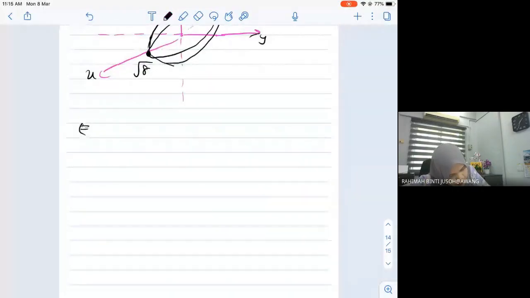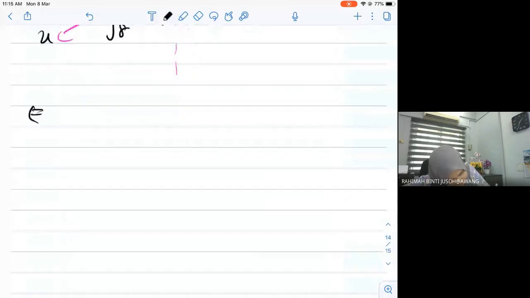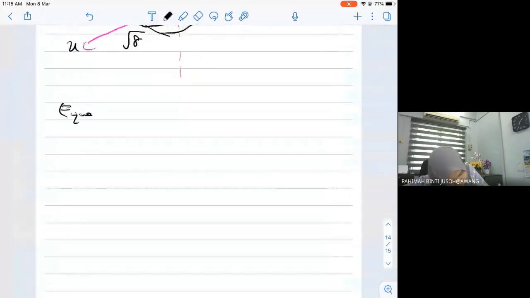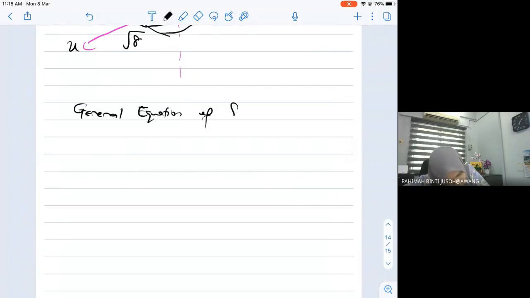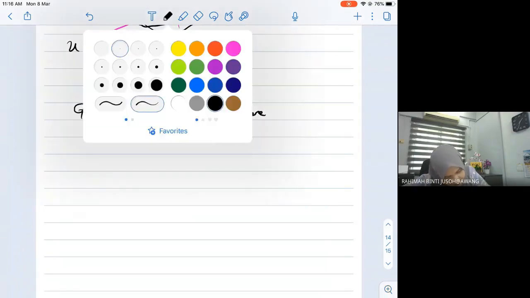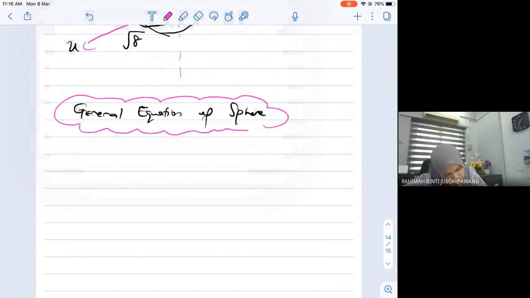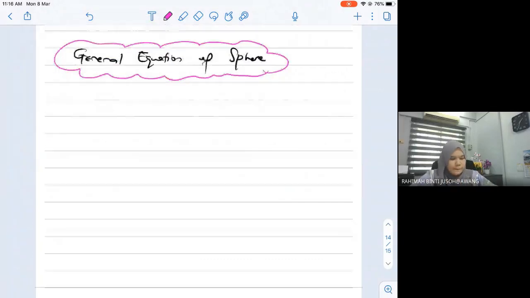Saya kena ajar juga ni, general equation of sphere. Ni pernah keluar test lah, selalu juga lah keluar, test semester lepas pun keluar.